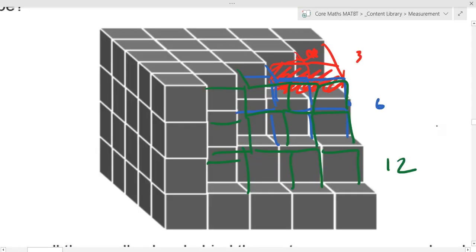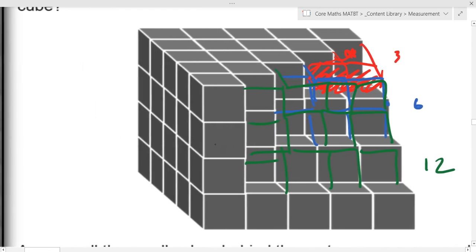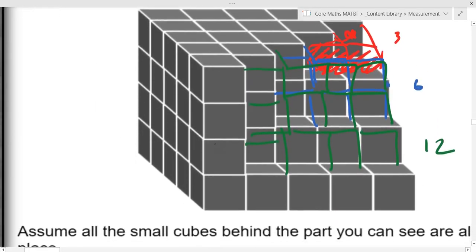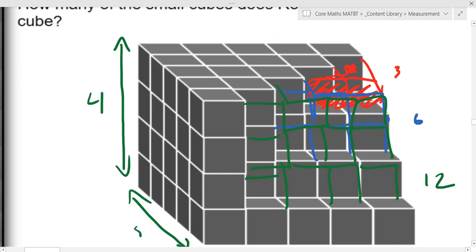So the basic principle for volume is basically the space inside a certain shape. Okay. Now for this, there's other ways you could calculate it. For example, I can see that this cube has a height of about 4 cubes, a length here of about 5, and then this length over here is also 5.